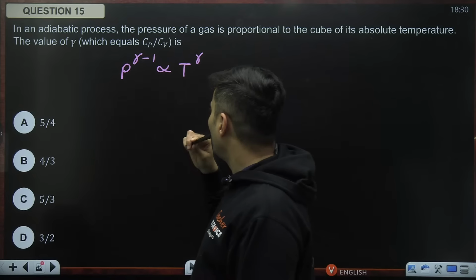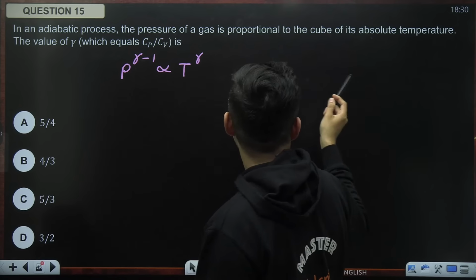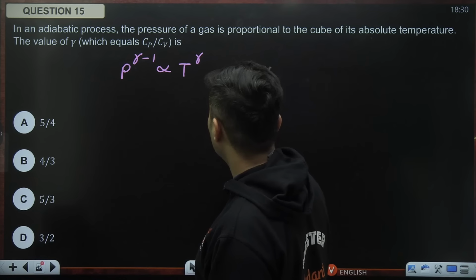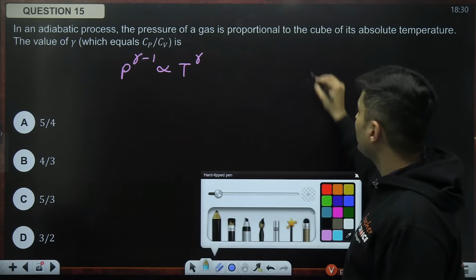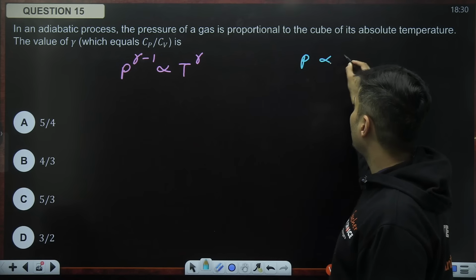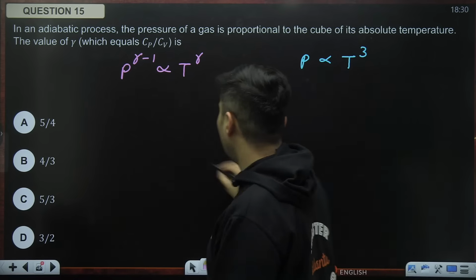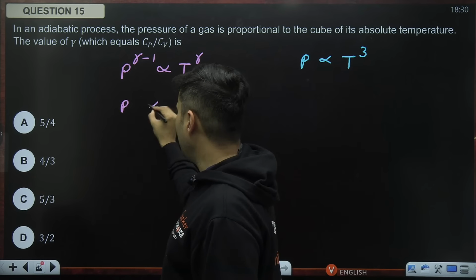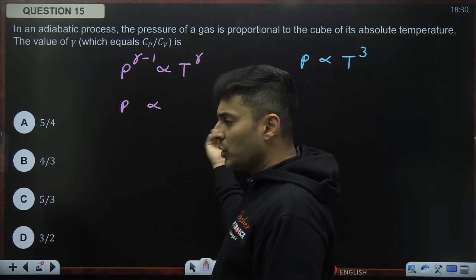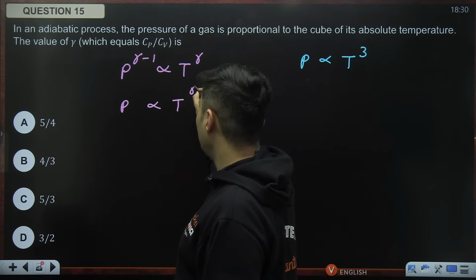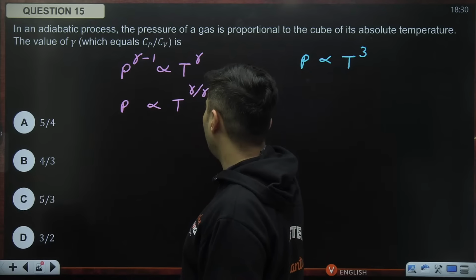Okay, so I have been given the cube of the absolute temperature. As per the given information, the pressure is directly proportional to the cube of temperature. So to get it into this form, I will do one thing. Take the gamma minus 1th root on both sides, so P will become T raised to gamma upon gamma minus 1.